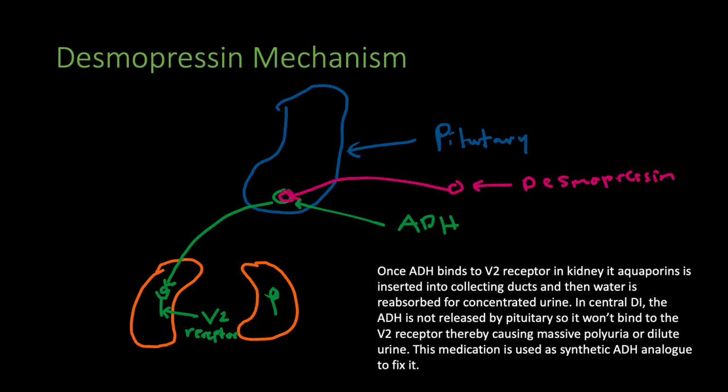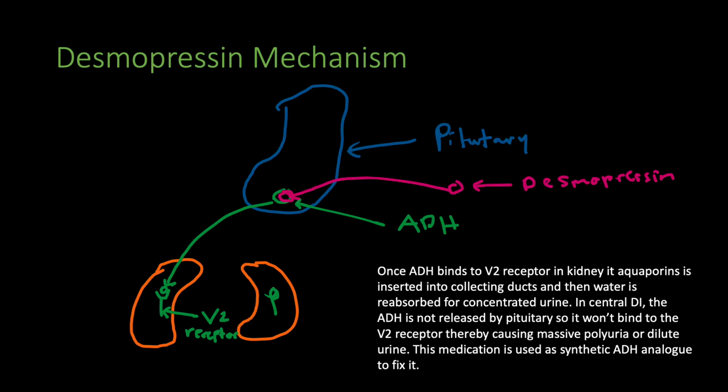And then desmopressin mechanism. Normally, when ADH is released from the pituitary, it binds to one of the V2 receptors, which are located in the kidneys.